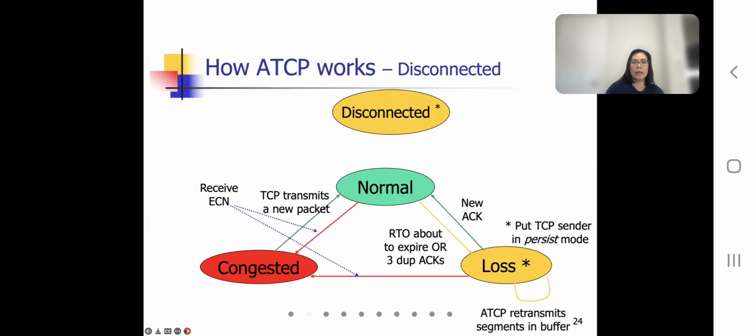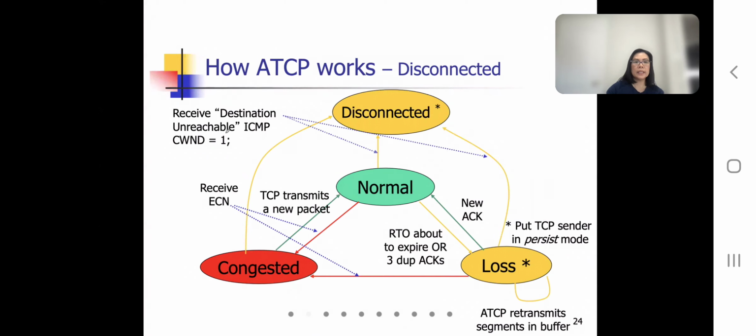Okay, and that is how we use a diagram before. So let me see here. It received destination unreachable from the normal state, and it goes to disconnected and sets window size to 1. And when it receives a duplicate acknowledgement or packet from the receiver, that means the route has been reestablished.